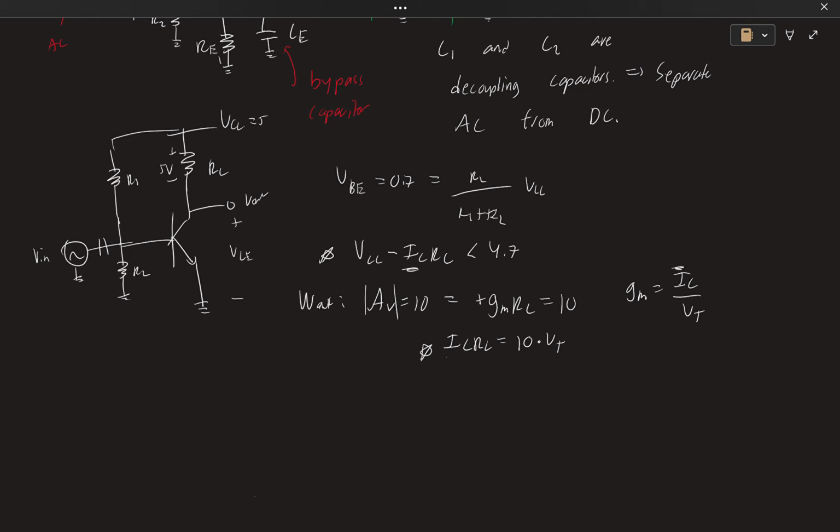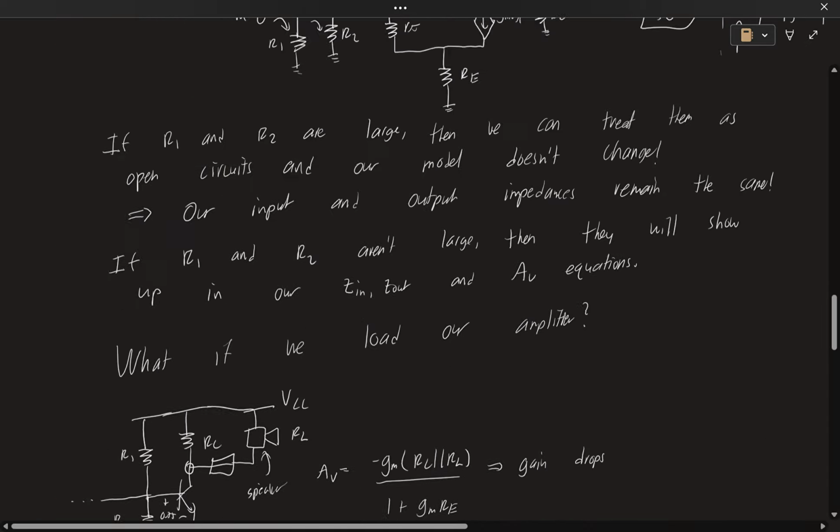Now what we end up doing, and this is something I can talk about later for those of you who are curious, is we typically want our collector, this part here, to be at half of our supply. The reason for this is from before.